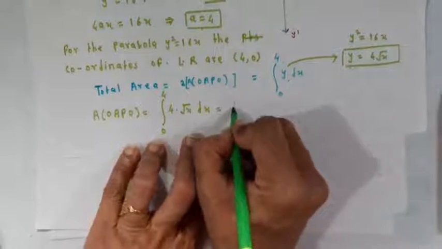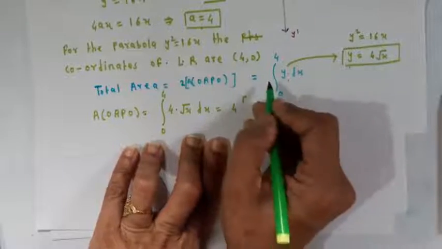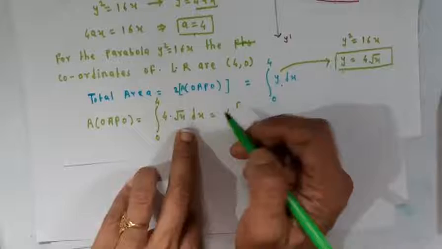Taking 4 as a constant, root x means x raised to half.